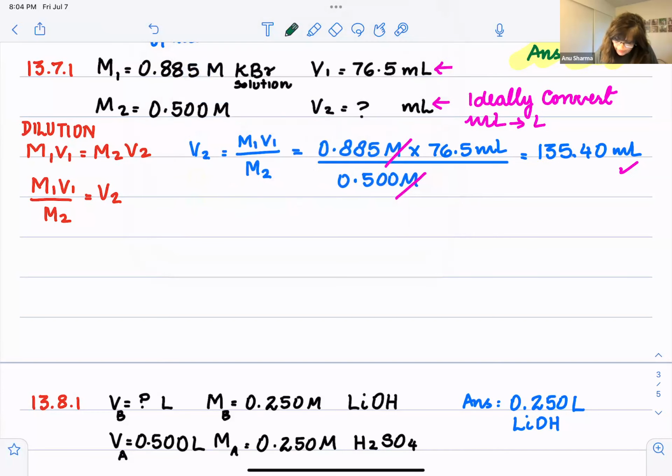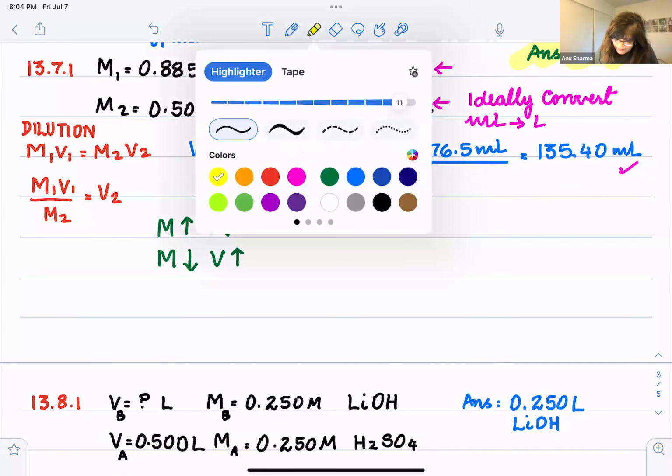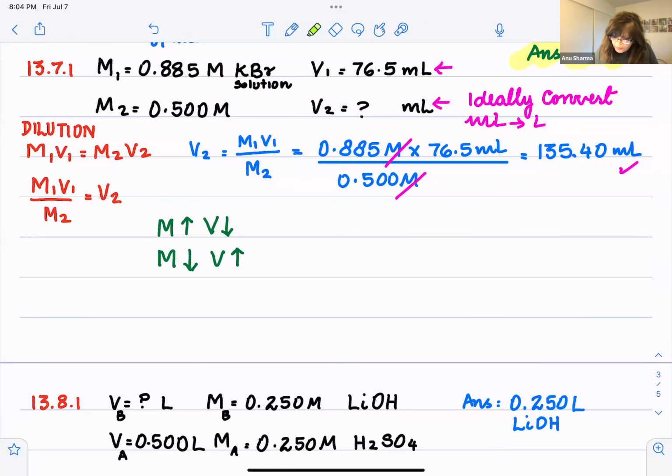Now here's something to remember. M1 could be a bigger number, but the volume is small, and M2 will have to be small then, and the volume would be a bigger number. So you see here that when the molarity was higher, 0.885, we used 76.5 mL.